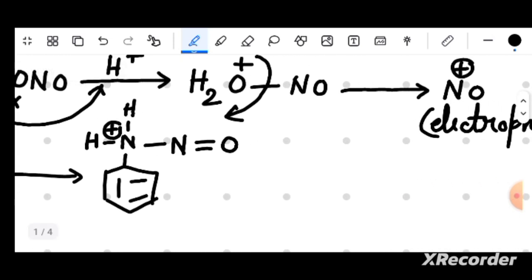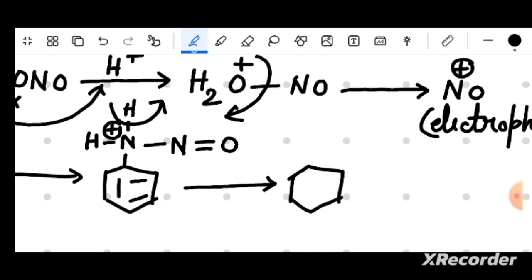Now what happens is that one hydrogen will be given out, that is H plus will be given out, and it will form N double bond O and H. Now tautomerization will take place here.